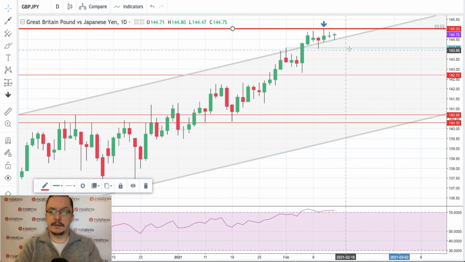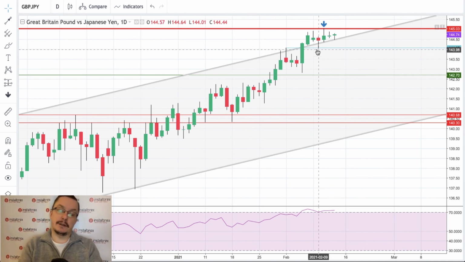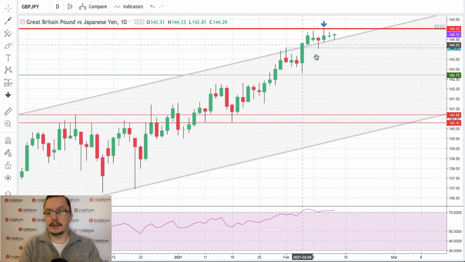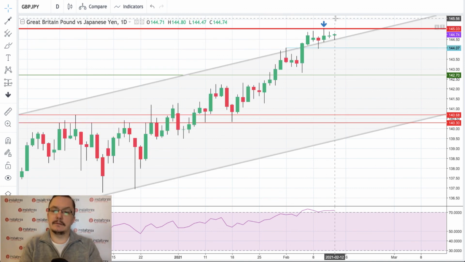Right now we can consolidate in this area, but if we break 144.07, then of course we will go as low as 142.70, which is the next technical support for the price. We are still trading inside of the channel, just above the channel. This is definitely not a big breakout in the British pound to the Japanese yen.